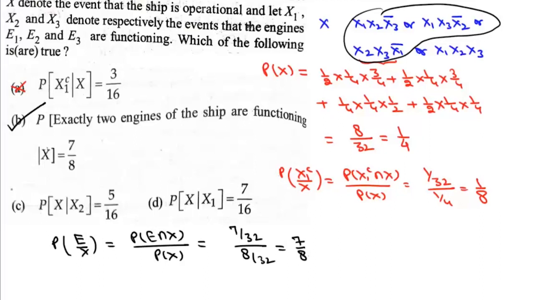Now C is probability of X given X2. So this is probability of X intersection X2 upon probability of X2.